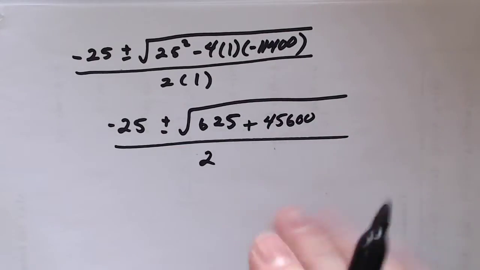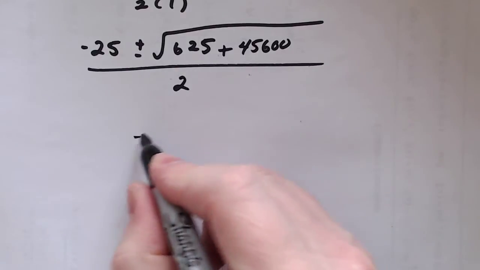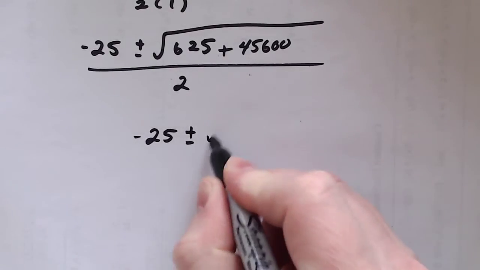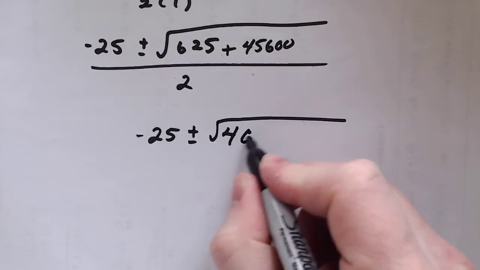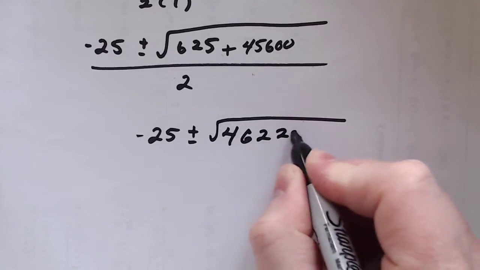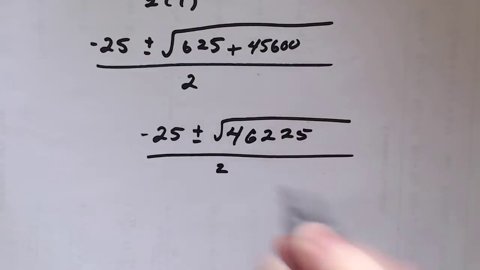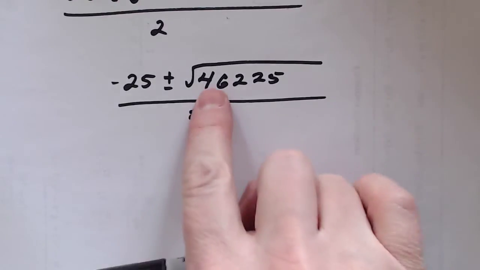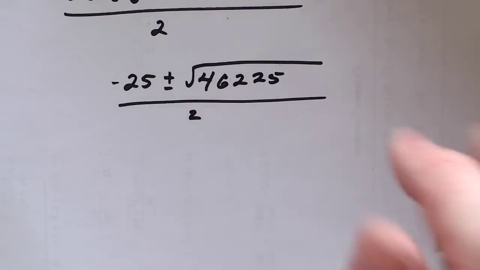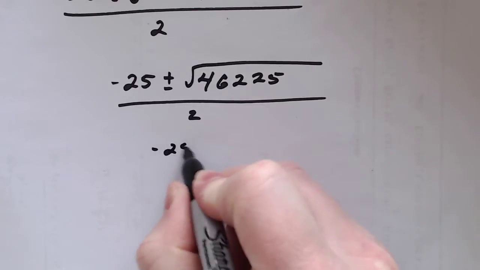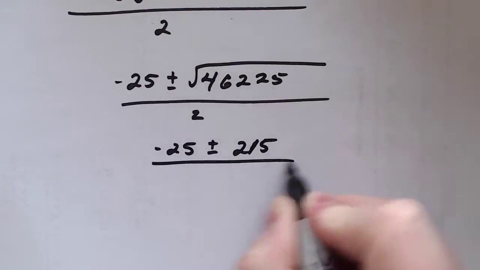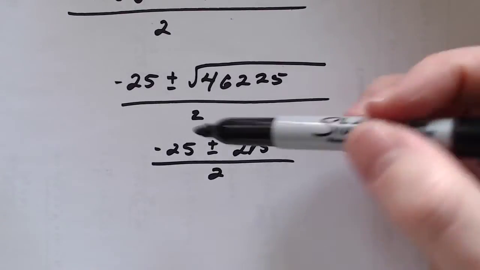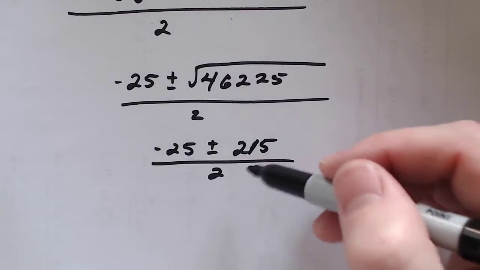So I'll put those two together there: 46,225 all over 2. And then the square root of 46,225 is 215, all over 2.